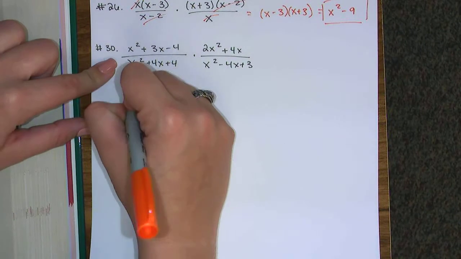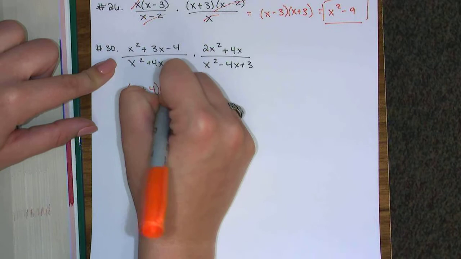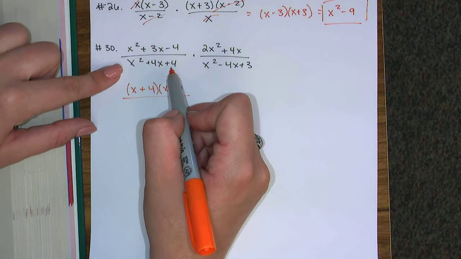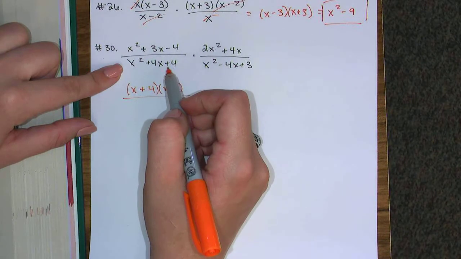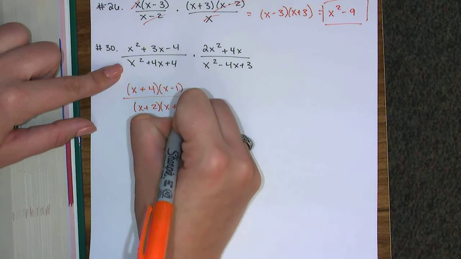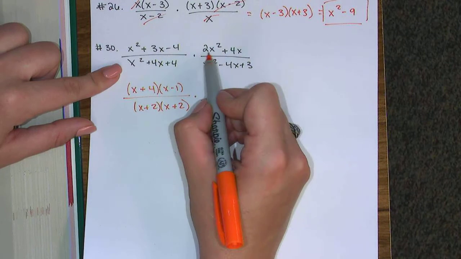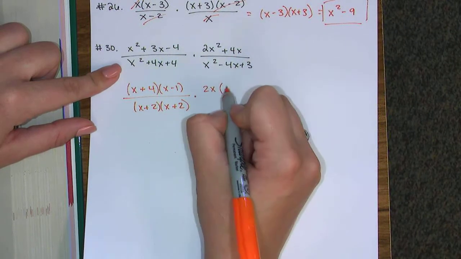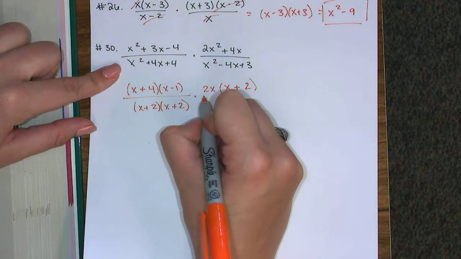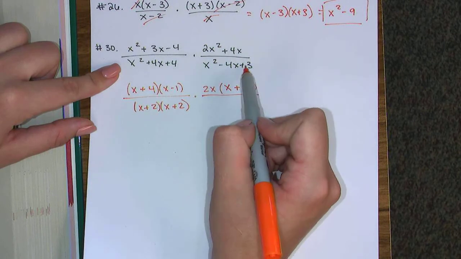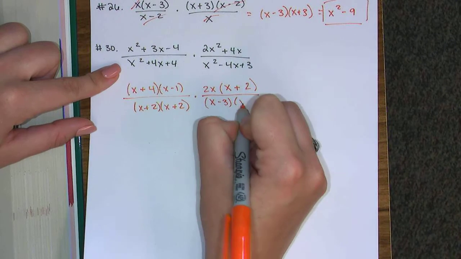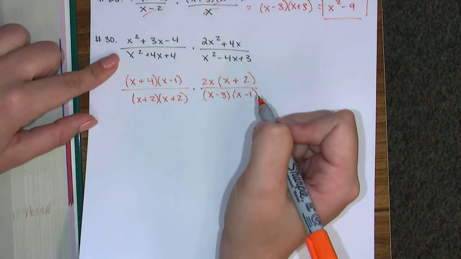So I have x plus 4, x minus 1, over down here, x plus 2 times x plus 2, I think should be it, times up here, I can just pull out a 2x, leaving me with x plus 2 over down here, x minus 3, x minus 1. Okay, I'm just factoring all this stuff in my head, so hopefully you guys remember how to do that. That's all that's going on.